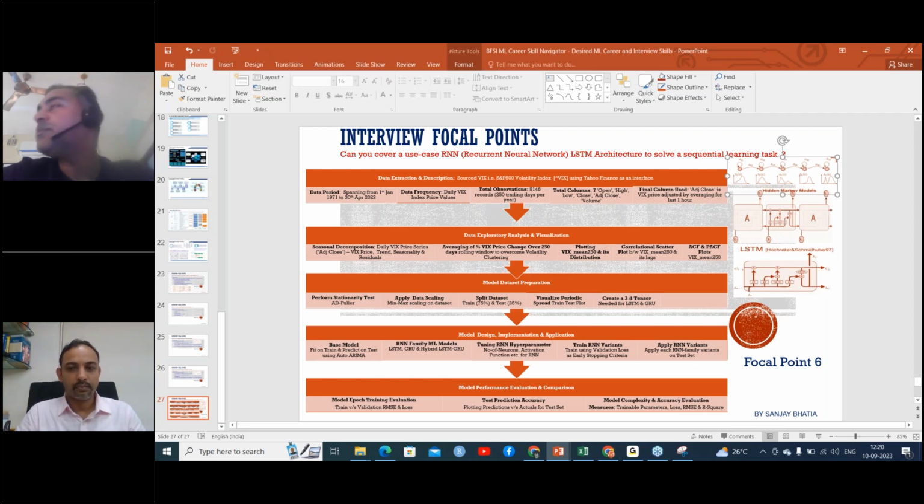To compare and benchmark this DNN network, we also used a gated recurrent network, which is again based on the Markovian chain property, and a hybrid network where we used some part of LSTM and some part of the gated recurrent neural network.